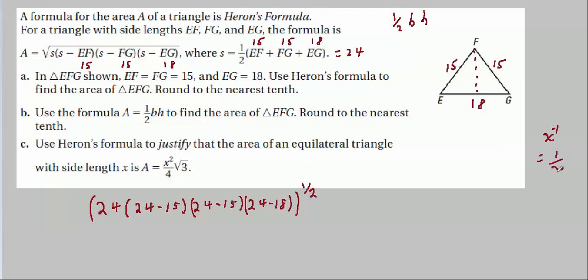Well, x to the 1/2 power is the square root of x. Okay? When you've got long expressions like this, it's usually easier to put them in parentheses and just write the 1/2 up there as an exponent. Well, this looks like a job for Mr. Calculator.